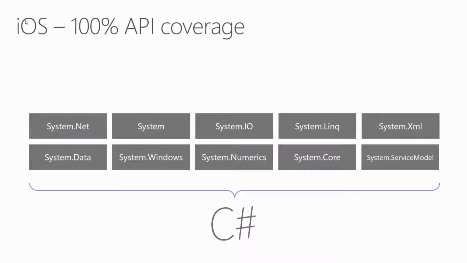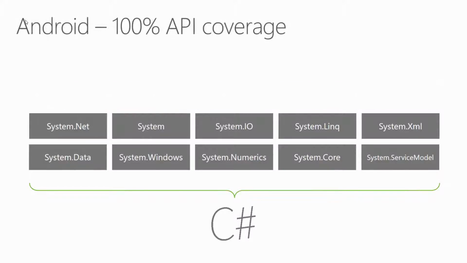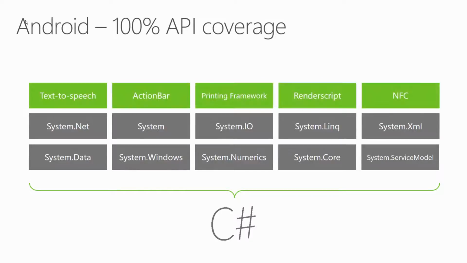So you get access to all that .NET goodness, but we create these C# bindings around every single API in iOS and Android. There's only a few examples here, but there's thousands of APIs in iOS. So iBeacon, UIKit, Core Graphics, Core Motion, you get access to all of them. And of course, exactly the same in Android: all of that .NET goodness on the bottom, and then Android-specific APIs, including everything in Google Play Services and the Android support libraries. I mean, everything is available to you.